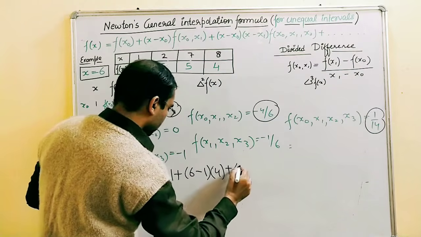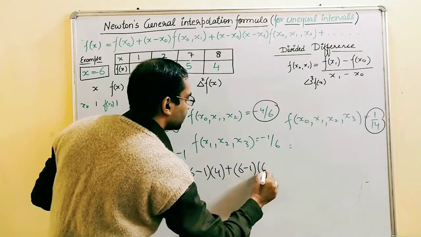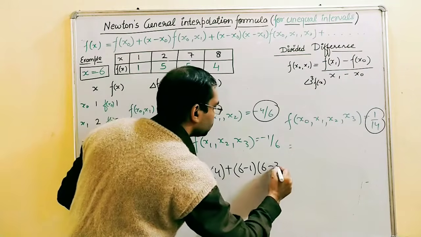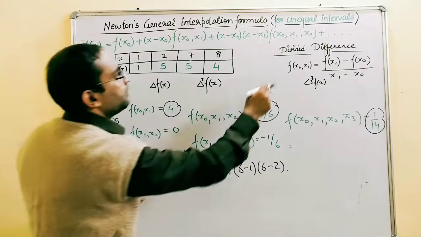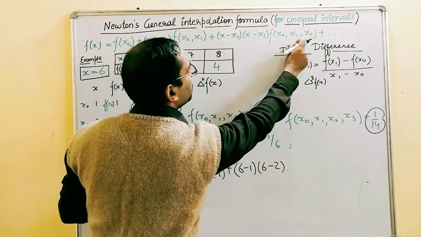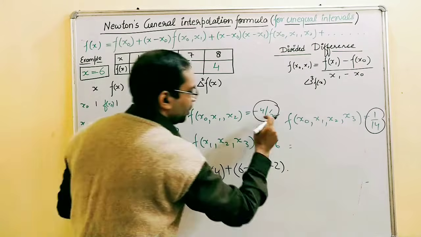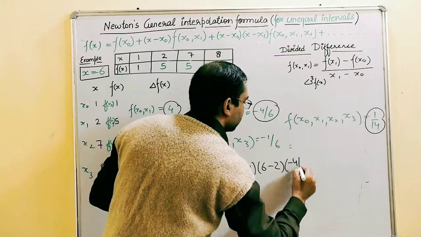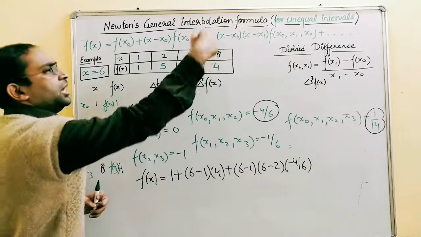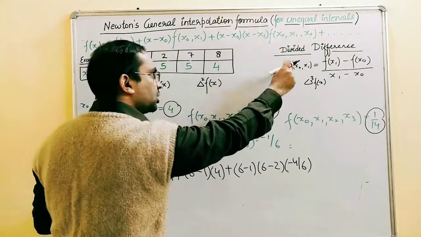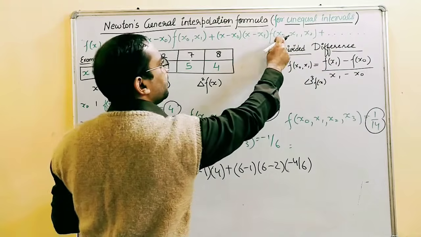Next we have x minus x0, dot x minus x1. So x minus x0 is 6 minus 1 and then 6 minus, let's see what is the value of x1. This is 2. Dot. Then the value we need is f of x0, x1, x2. What is this? This is minus 4 upon 6. The next term will be x minus x0, x minus x1, x minus x2 and then the third divided difference.